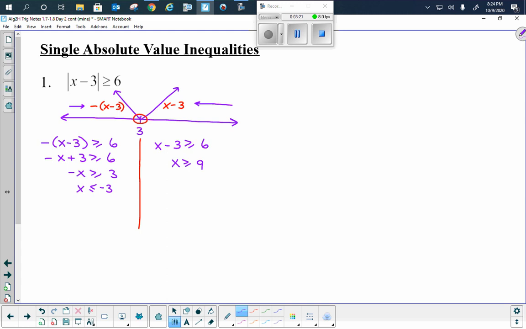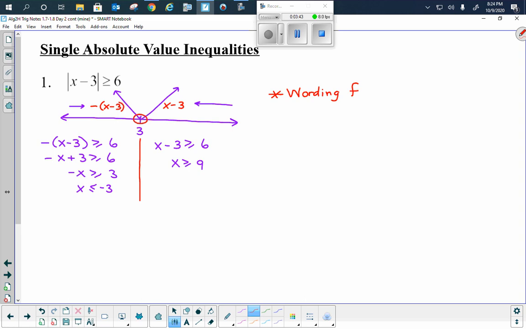Now, remember, the lovely thing about the number line is that it does the checking for us as long as you know how to word it for yourself. So this is important enough that I will go ahead and write it over here for you guys, and I would do the same thing in your notes.